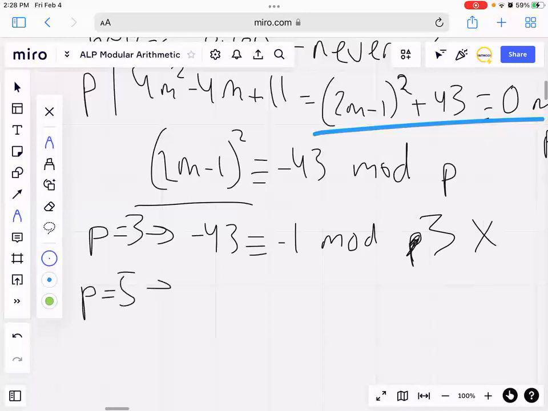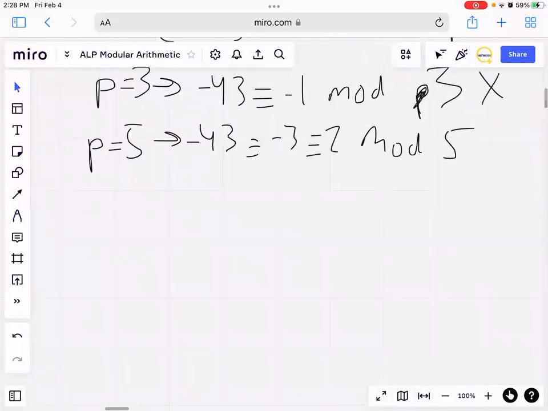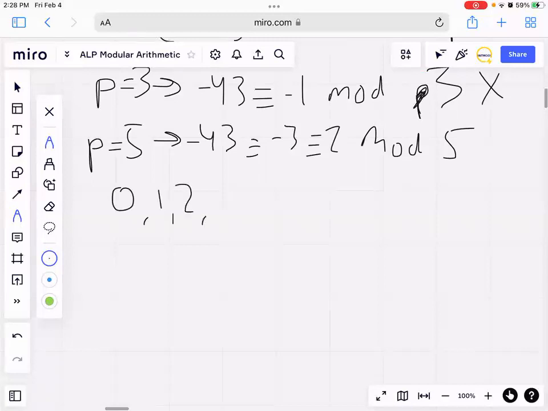For p equals 5, negative 43 is congruent to negative 3, which is not negative 1, so we keep adding another 5. That is congruent to 2 mod 5. Here I'll show you how we test out all the cases. All integers are either 0, 1, 2, 3, or 4 mod 5. We're not even going to deal with the 2m minus 1 squared, because 2m minus 1 is always going to be an integer, so it's going to be one of these 5 things.